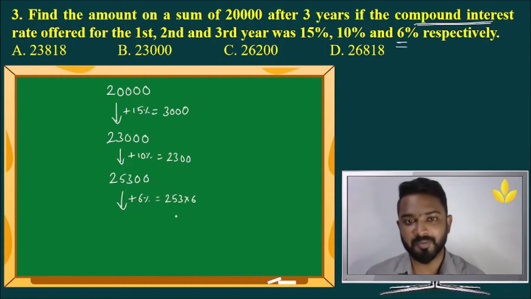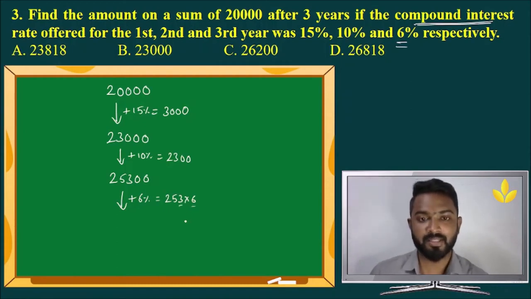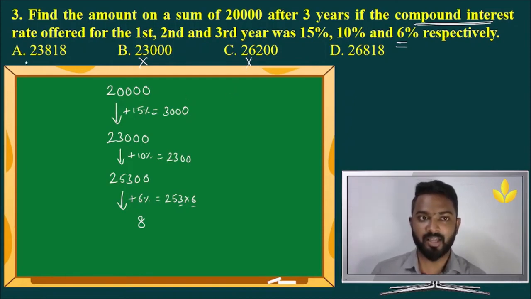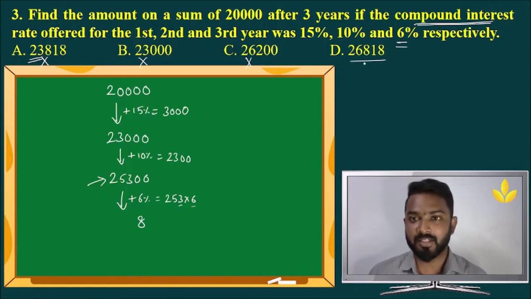Let's find the units please. 3 into 6 is 18. So the final answer has to end with an 8. That means Bravo and Charlie, B and C, both of them are wrong. So the answer is either A or D. Now A is definitely wrong because it starts with 23,000 and here itself we have crossed 25,000. So everything is gone. Answer is D.